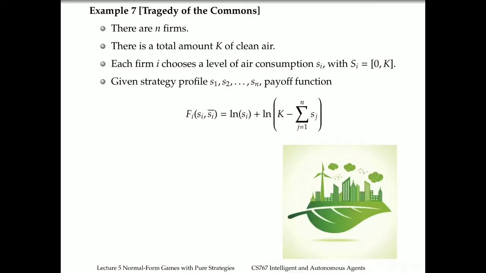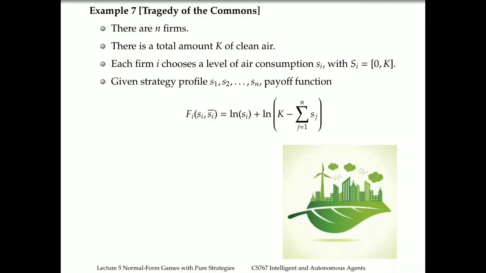We now look at a slightly more complex situation which involves more than two players. So suppose there are n firms, so they're just factories, and they make their productions. But as part of their production, they need to consume a certain amount of clean air. So this clean air doesn't have to be clean air. It could be just some sort of natural resources.